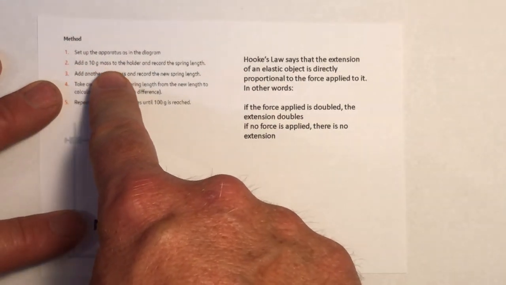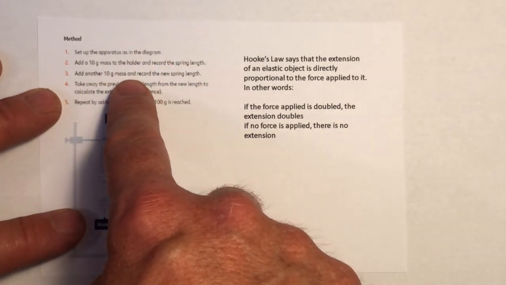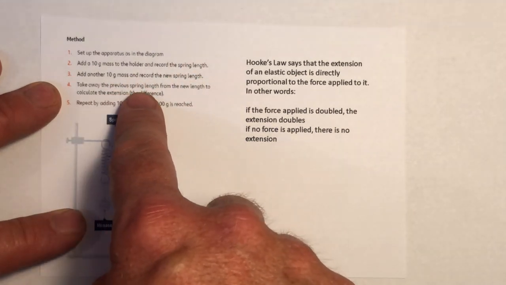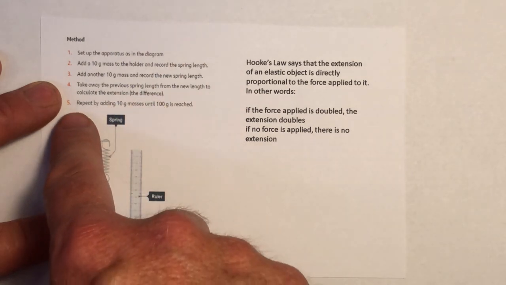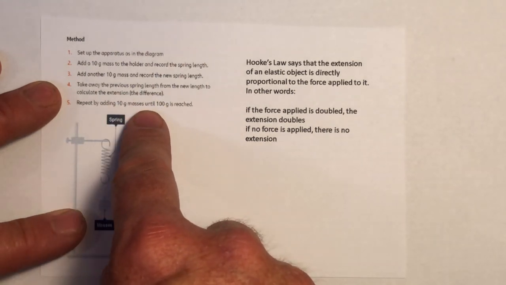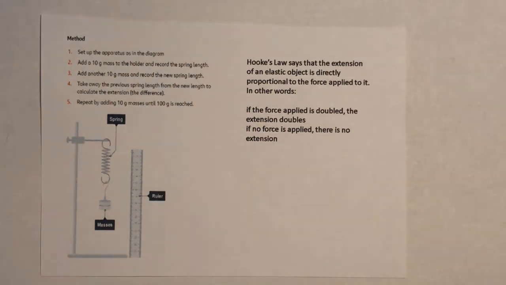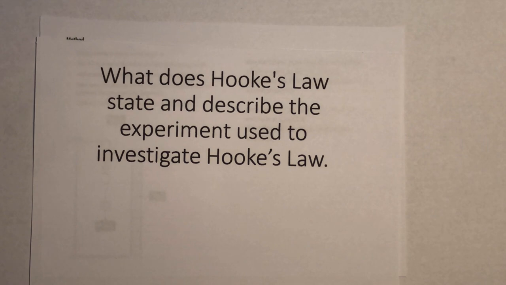Add a 10 gram mass to the holder and record the spring length. Add another 10 gram mass and record the new spring length. Take away the previous spring length from the new length to calculate the extension. Repeat by adding 10 gram masses until 100 grams is reached. That then answers that question: what does Hooke's law state, and describe the experiment used to investigate Hooke's law?